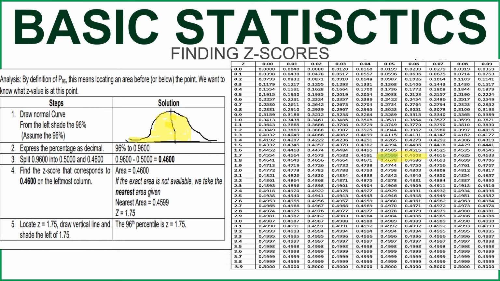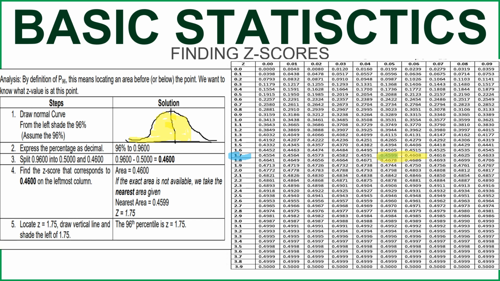Okay. So, therefore, paano natin makukuha? Ngayon, nakuha na natin yung area, right? Kuha na natin yung area. Ngayon, kukunin na naman natin yung z-score. Paano natin nakuha 1.75? Ganito lang po yan. Refer tayo sa nearest area, which is 0.4599. Punta tayo sa pinaka-leftmost. Sabi nga, leftmost is 1.7.